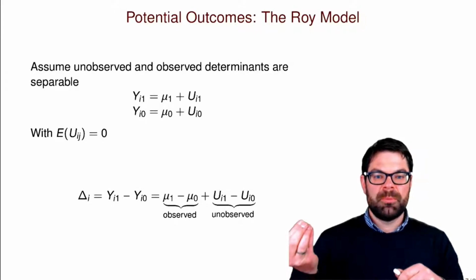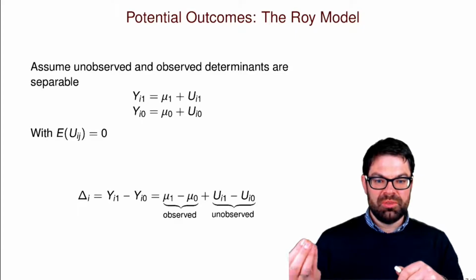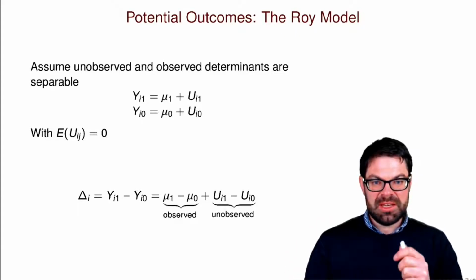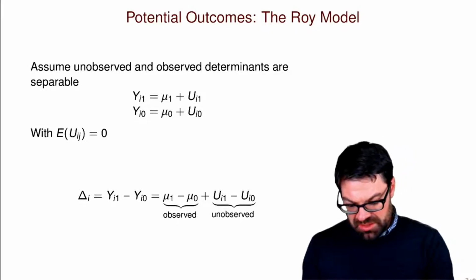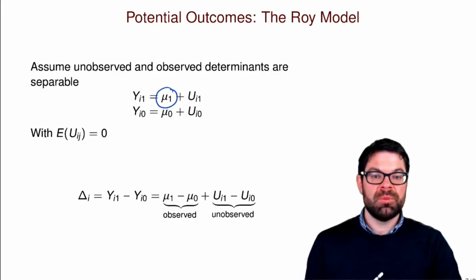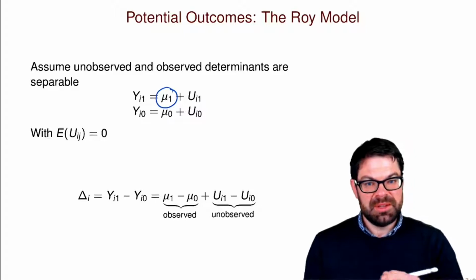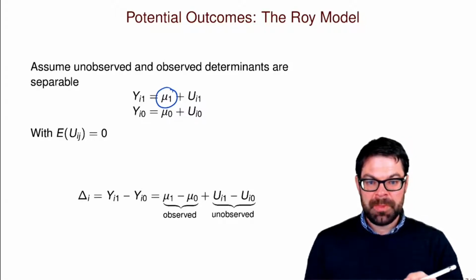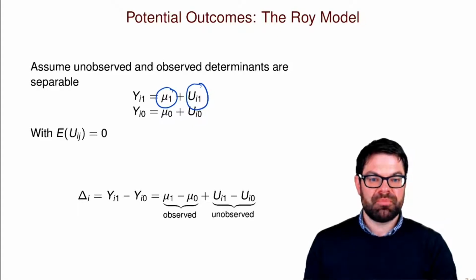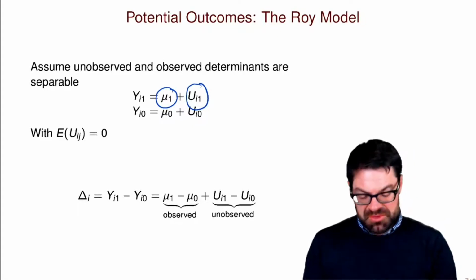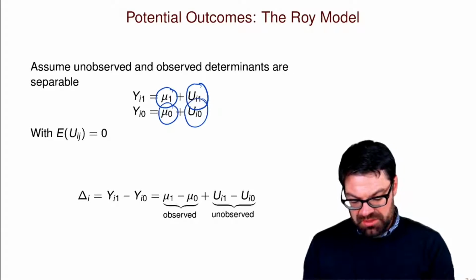So for those people who have been treated, they have some determinants that are common to everyone who's been treated and that are typically also observed. But there are also some idiosyncratic determinants. And the same goes then for those units who are not treated.